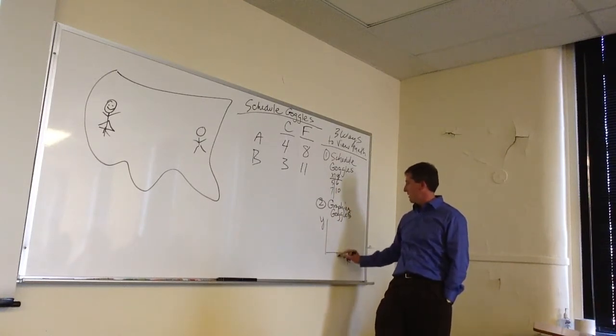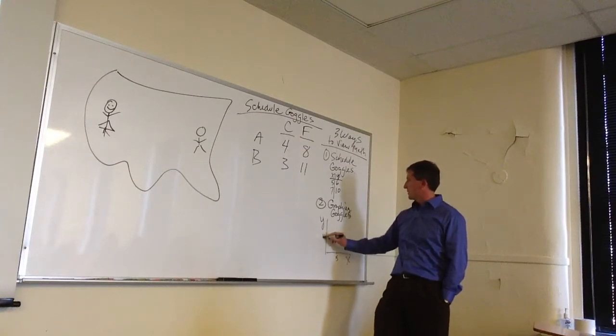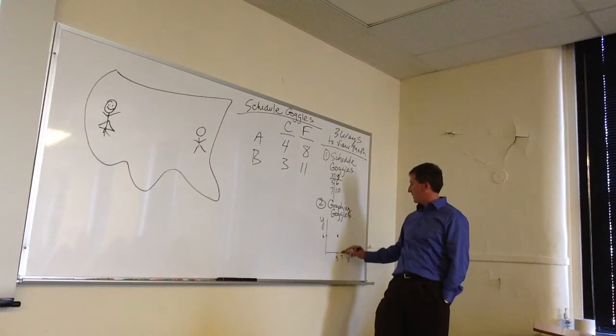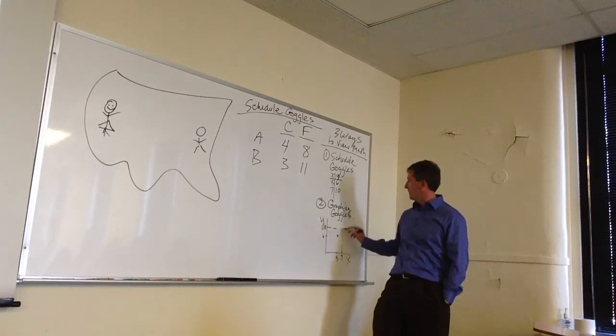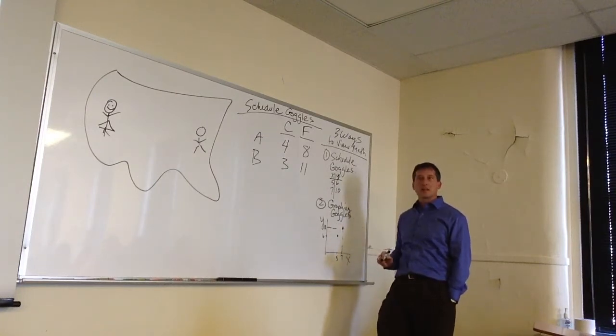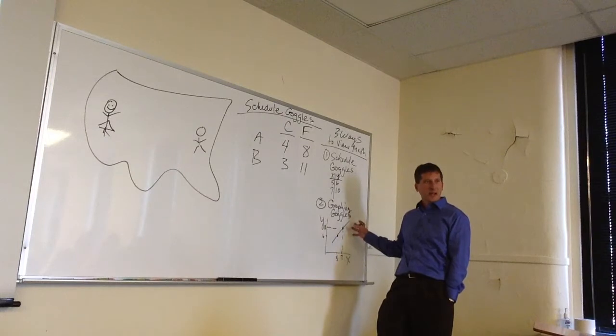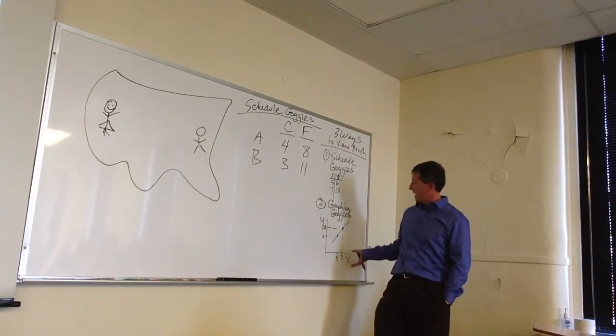X equals 5 and y equals 6. X equals 7, y equals 10. I got 2 points on there. Maybe I have more numbers and I start to see a collection of points or some sort of line like a supply curve or something else that shows a relationship between x's and y's.